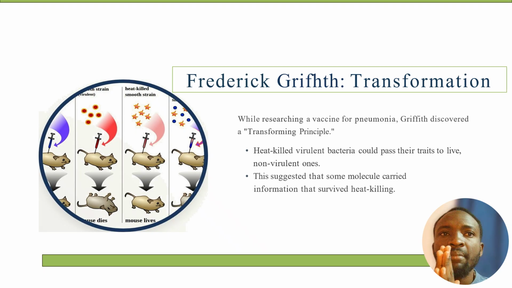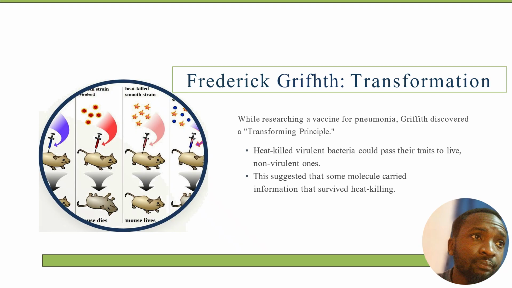He found out that some molecules carried information that survived heat killing, because he was testing the heat-killing mechanisms. In this photo on the left, you can see the mice being injected with something.